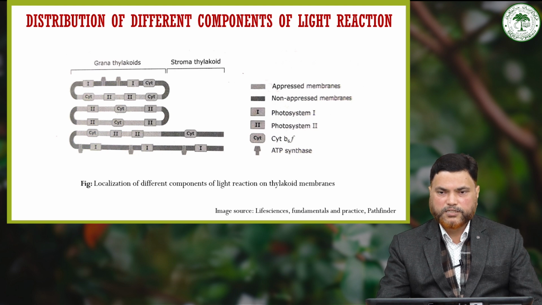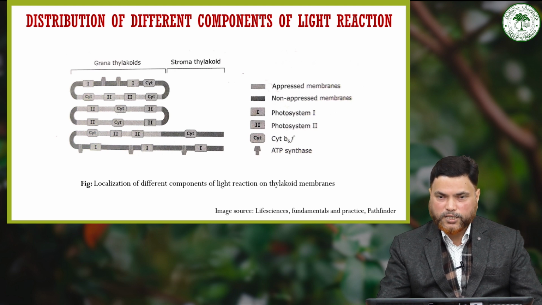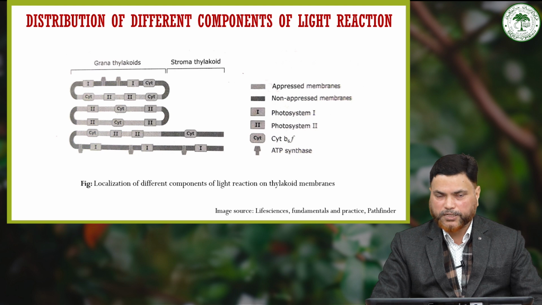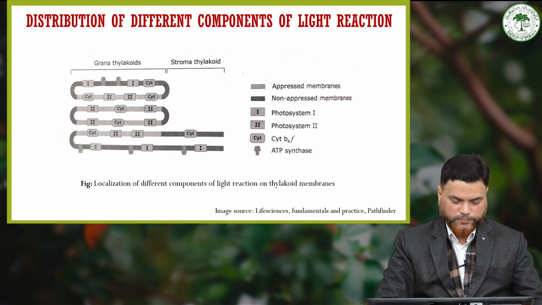The non-appressed regions provide a larger surface area for diffusion of ions, metabolites and proteins within the thylakoid lumen, facilitating various biochemical processes associated with photosynthesis. So, you see these appressed and non-appressed regions individually play a very pivotal role in the light reaction.